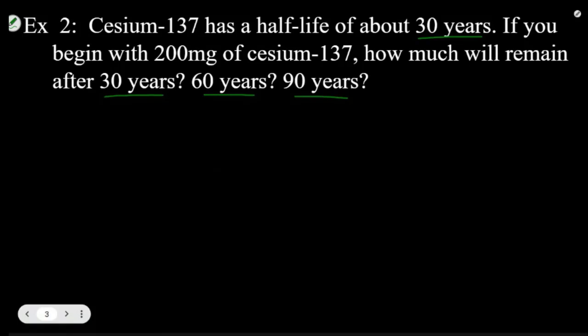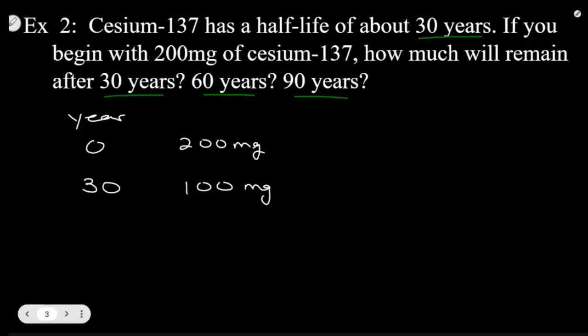So if you're starting out at year 0 and you have 200 milligrams, after 30 years, if 30 is the half-life, how much will be left? 100, because that's how long it takes for half of it to decay, right?